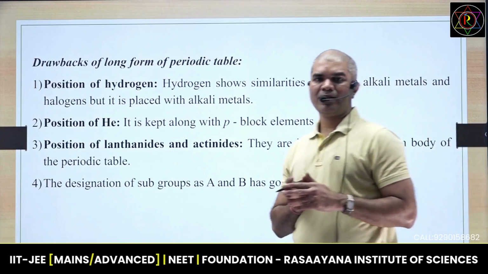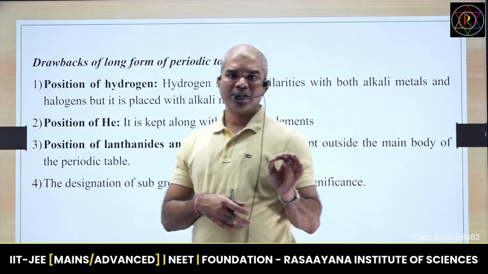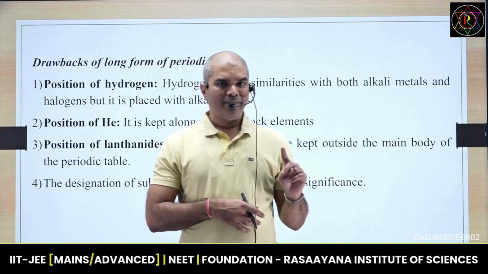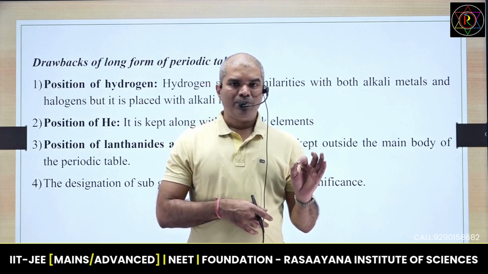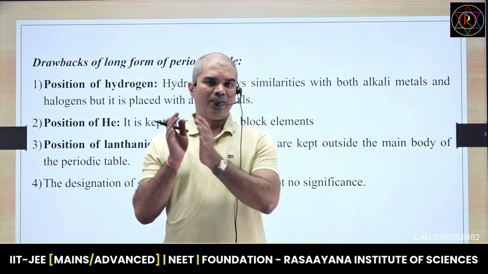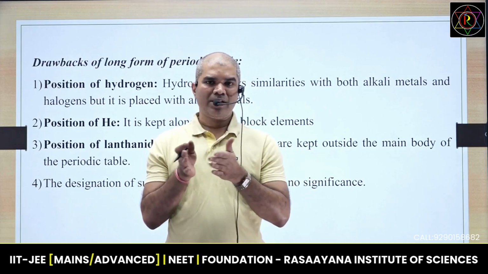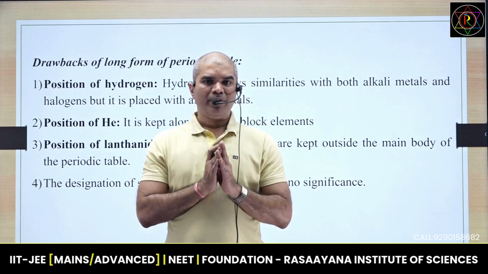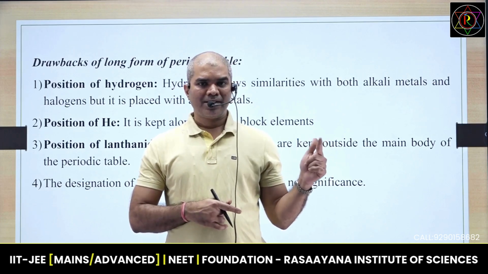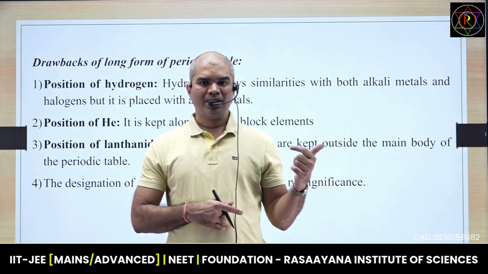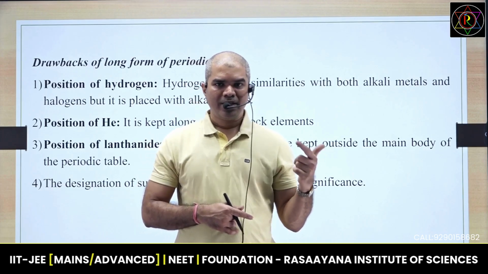All inert gases end with valence configuration ns2 np6 except helium. Helium is 1s2, so immediately I have to put it under 2A because it is ns2. But we are not putting it under 2A, we are putting it under the inert gases, 18th group. That is another drawback. Right?